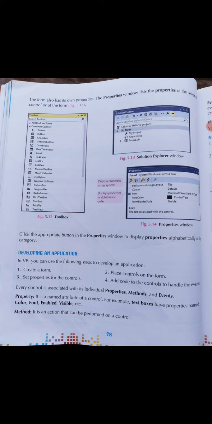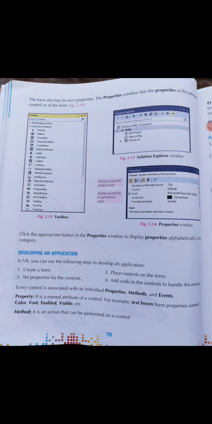The Properties window lists the properties of the selected control or of the form. Now you see here, the form, or else you can say the project that you are working on, also has its own list of properties.